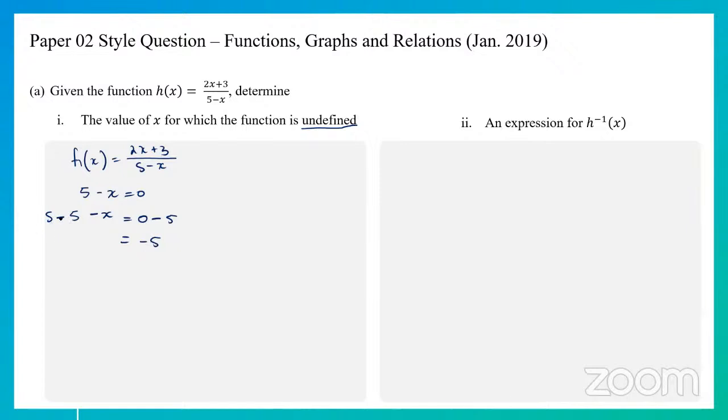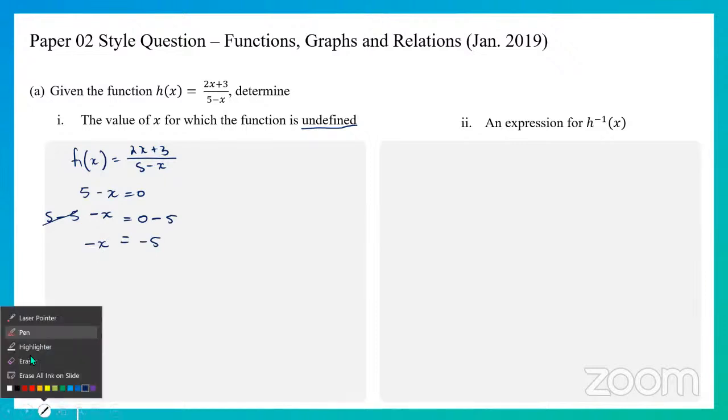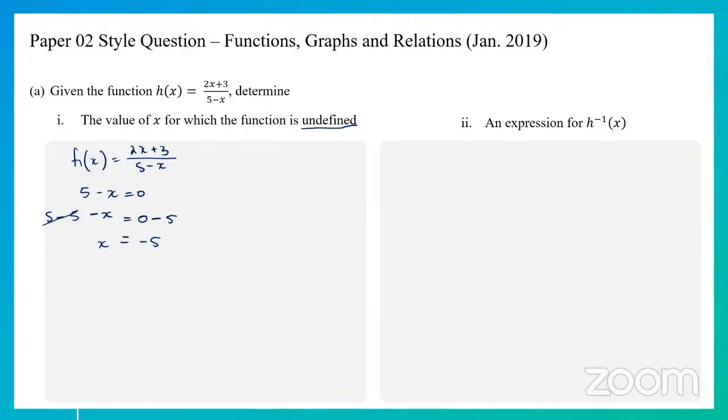5 cancels out 5 here, so 5 minus 5 is 0, and we have negative x. Now that we have negative x and negative 5, negative x basically means the same as negative 1 times x. So I'm multiplying here by negative 1, so I'm going to divide by negative 1.